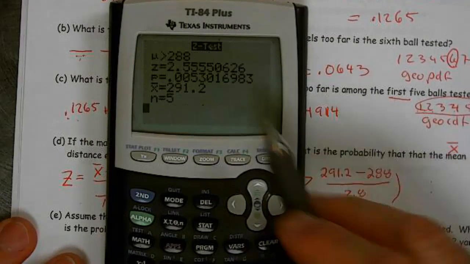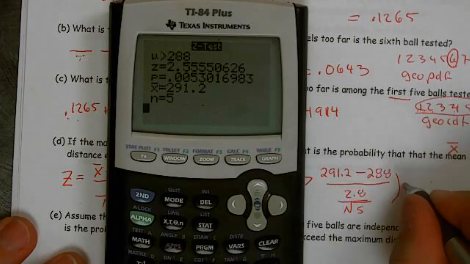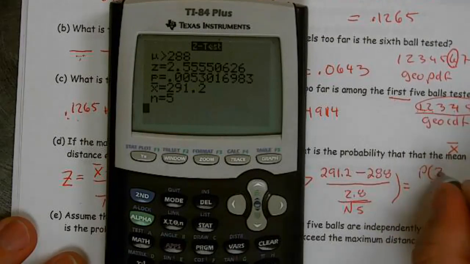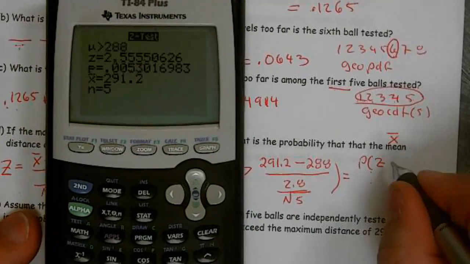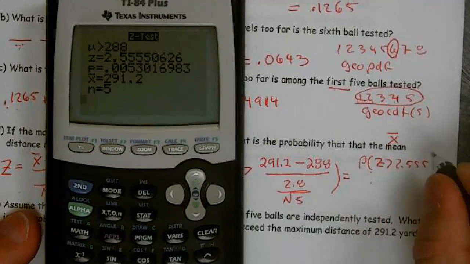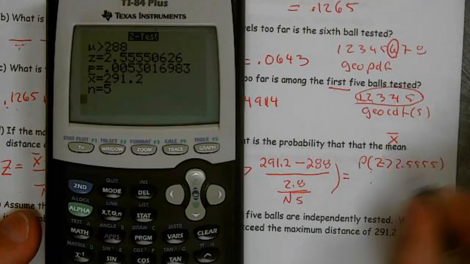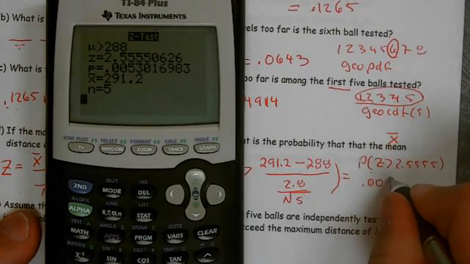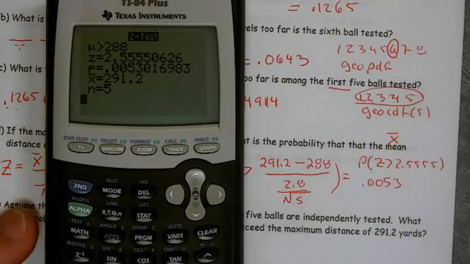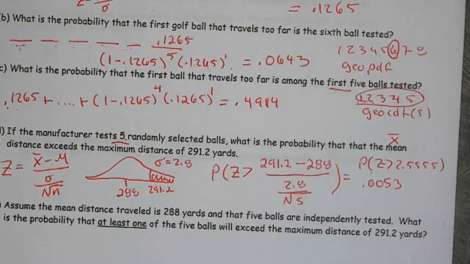And I end up getting the probability that Z is greater than 2.555, and that equals 0.0053. So in other words, a pretty small chance of that happening. And yes, you could have used the normal CDF, but this part will give me the z-score, which I have to have. All right.